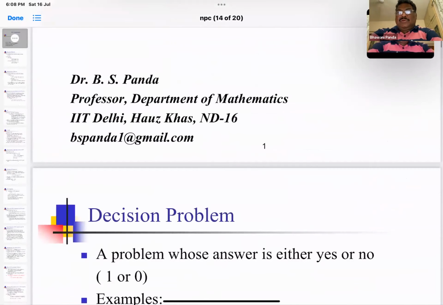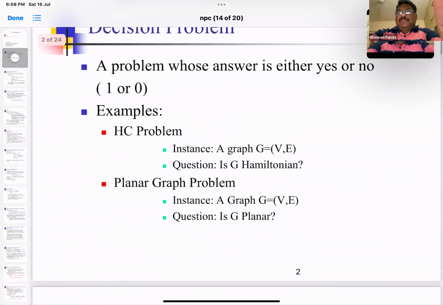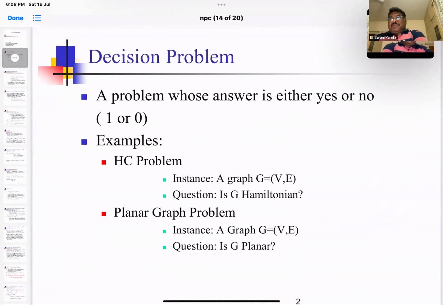Okay. So we have already seen this thing, a decision problem. The answer to the problem is either yes or no. Such a problem is called a decision problem. NP completeness theory is applicable to decision problems, and we can extend it to optimization problems to some extent.